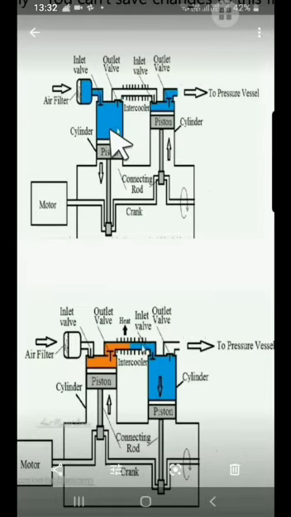Before moving this compressed air into the high pressure cylinder, it passes through the intercooler. The intercooler is a type of heat exchanger which is made up of some conducting material. So when this compressed air from the low pressure cylinder passes through the intercooler, it loses its heat.